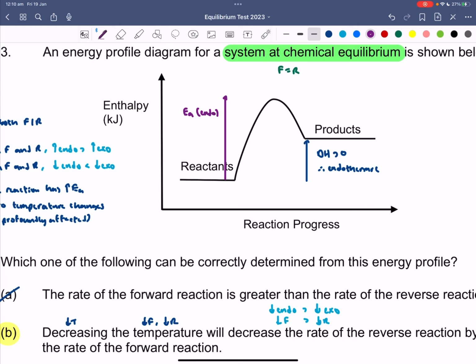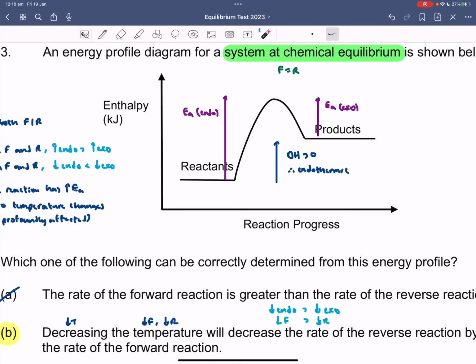We agreed that the forward reaction is endothermic. That is the activation energy for the forward reaction, which makes this the activation energy for the reverse exothermic reaction. Okay, you can clearly see the endothermic reaction has a higher activation energy.